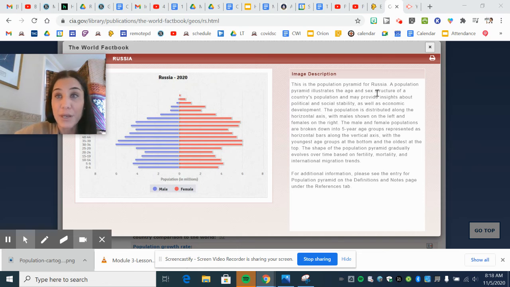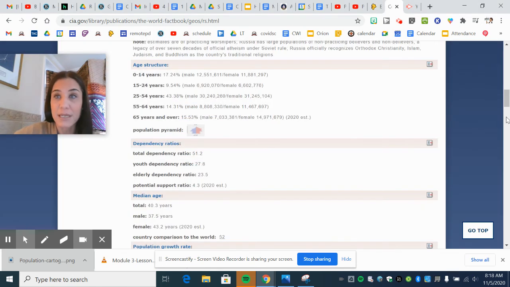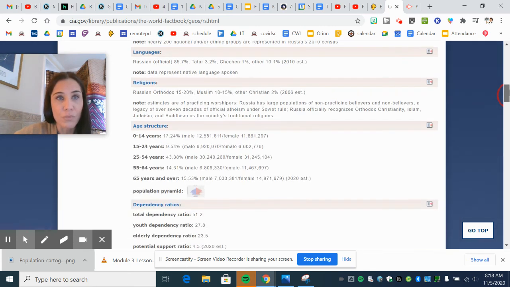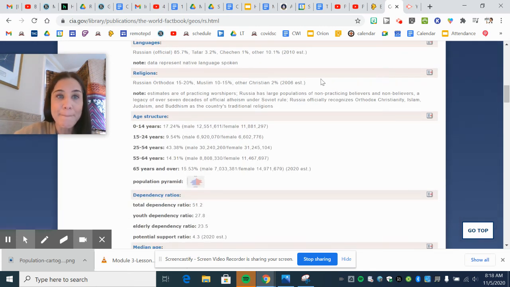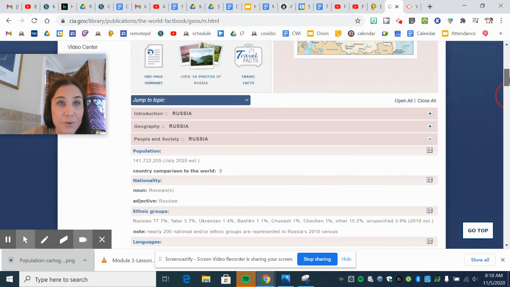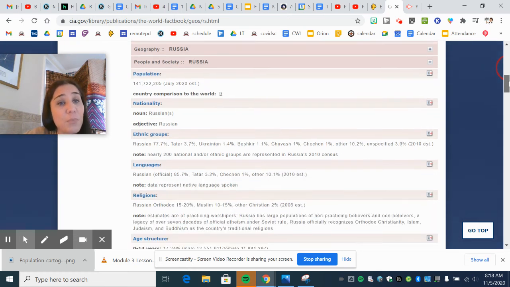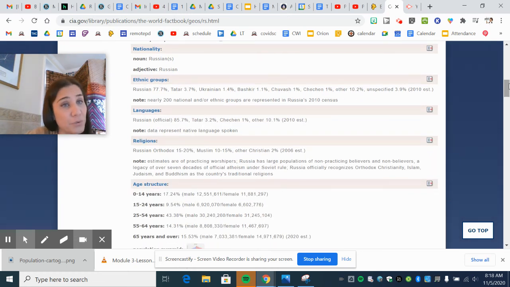And when we go back to the demographic information, we can see that there's information about the country having gone through some wars. And we might have to go up to introduction in order to get some of that. But because the men participated in World War II and the women did not, you're going to see that there was a huge number of deaths in that country that were male deaths.